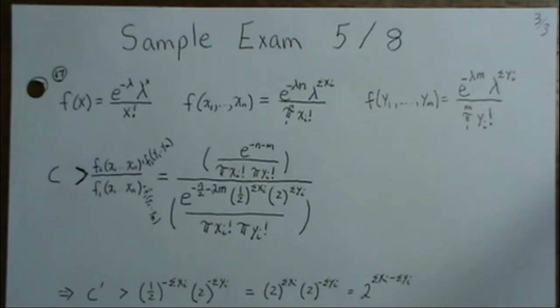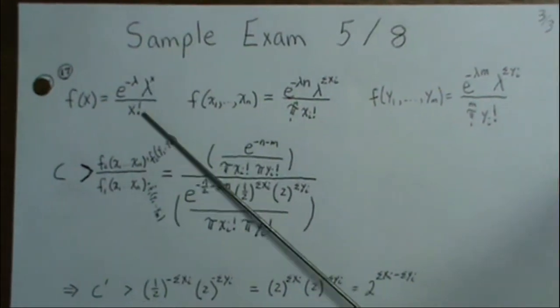In problem number 17, we want to test the Neyman-Pearson that lambda1 and lambda2 are equal to 1 against the alternative that lambda1 is 1/2 and lambda2 is 2. And we're given data x1 through xn, and each are Poisson.